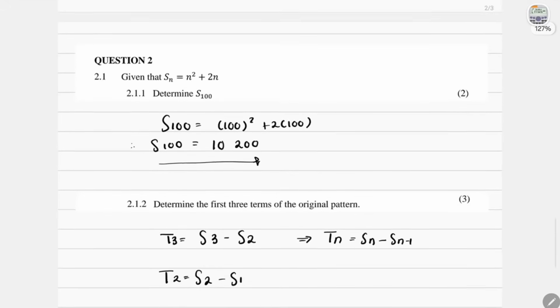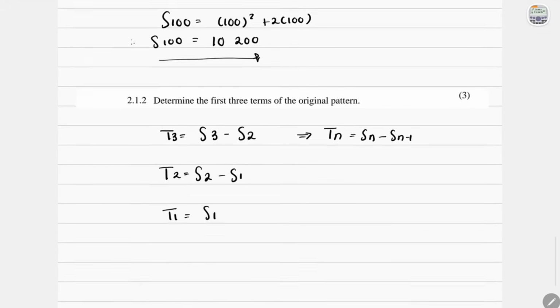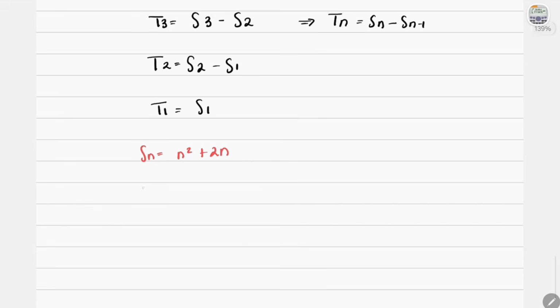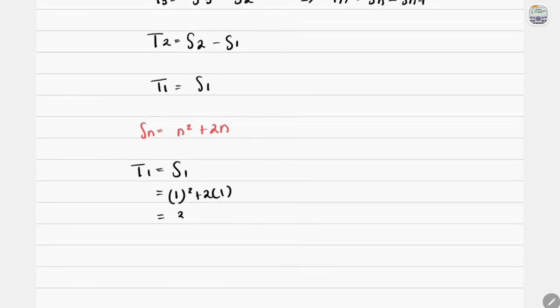Okay, so let's use our formula. Now just rewrite it here, and let's write this out. So we're going to find the first term by saying term 1 is equal to the sum of one term, which is going to be 1 all squared plus 2 times 1. Okay, and then that just gives us 3.